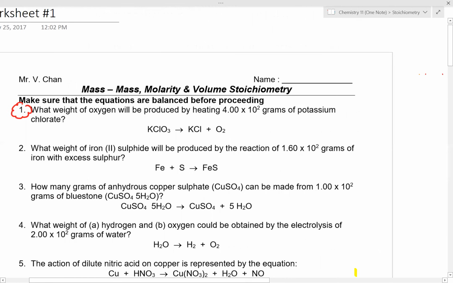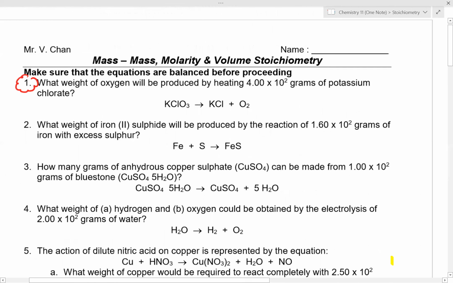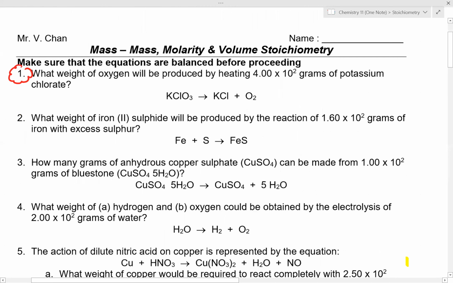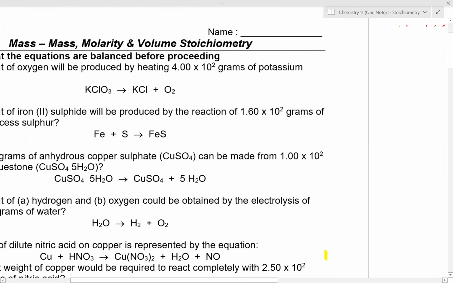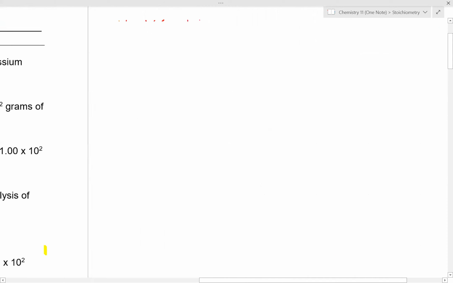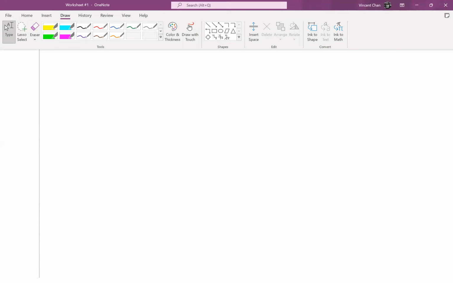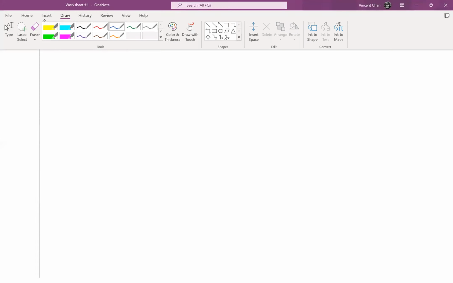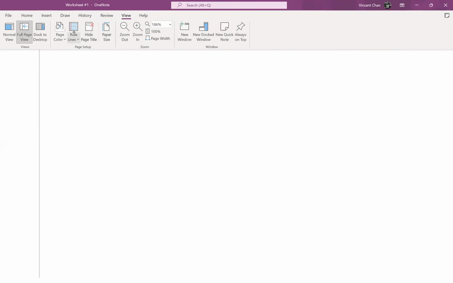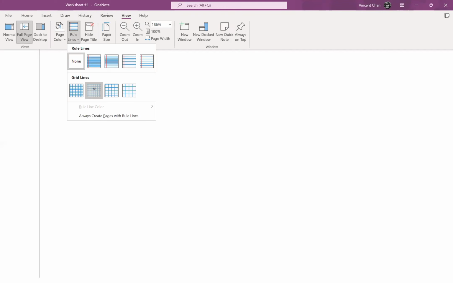It says, what weight of oxygen will be produced by heating 400 grams of potassium chlorate? Now, the first thing you want to do is we have our equation here. KClO3 gives you KCl and O2. Let me put the rule lines here.